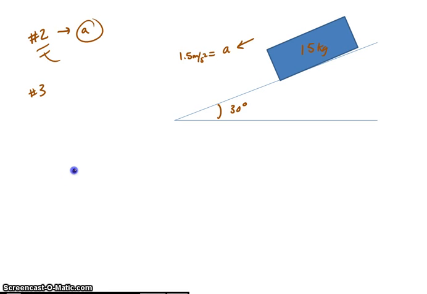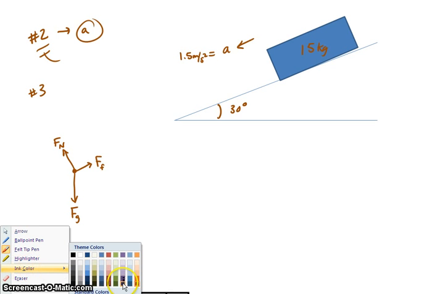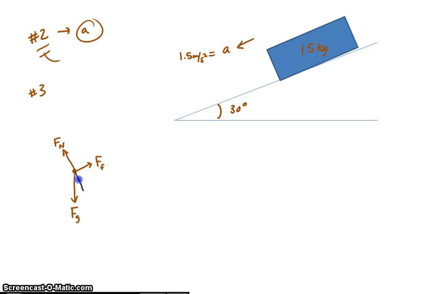If I draw my free body diagram, my situation here is that I actually have my weight, I have my normal, and I have my friction. Okay, and my component of the weight, or my force parallel, is actually greater than my force of friction.